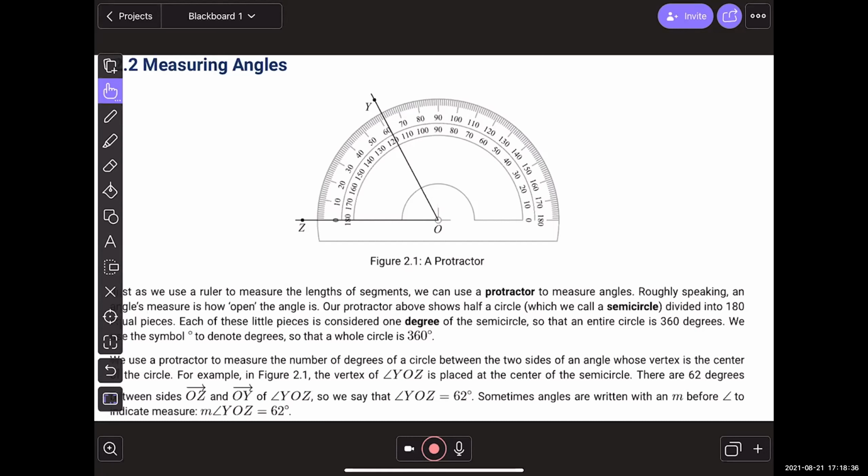Is anyone unfamiliar with using a protractor? Either just let me know now or send me a message, because if no one speaks up about not knowing, I'm just going to go ahead and skip over this part. All right, so everyone's familiar with using a protractor.